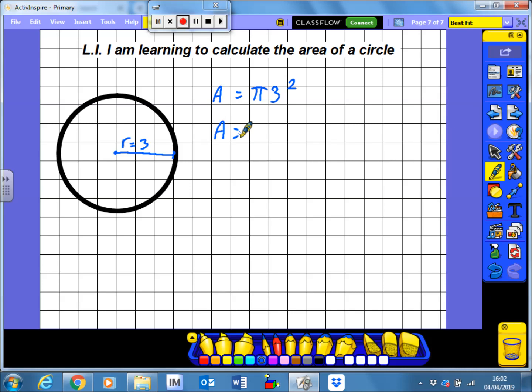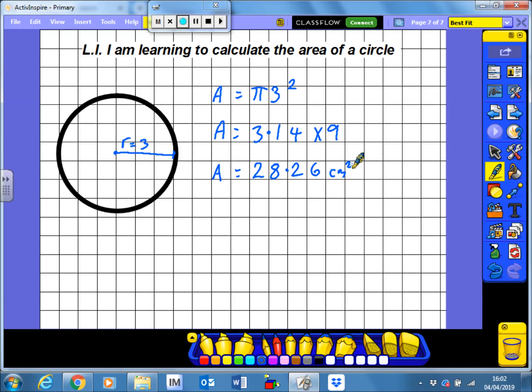That's going to be 9. And we're going to write pi as 3.14. So it's really going to be 3.14 times 3 squared, which is 9. The answer we get to that, when we plug it in a calculator, is 28.26, and that'll be square centimetres.